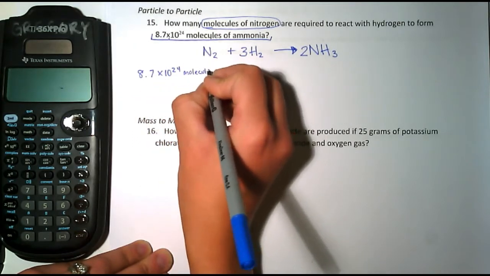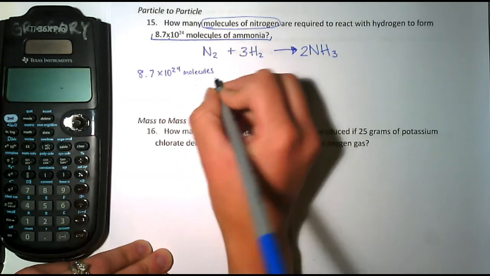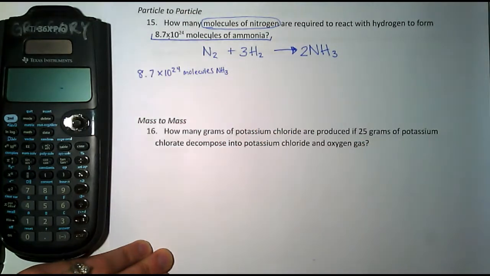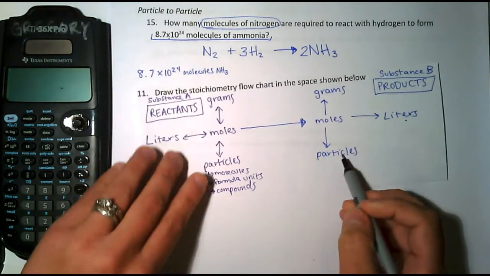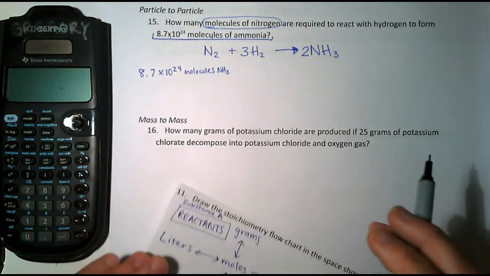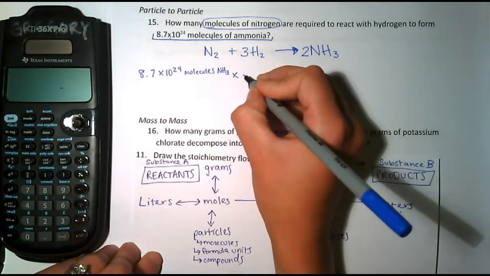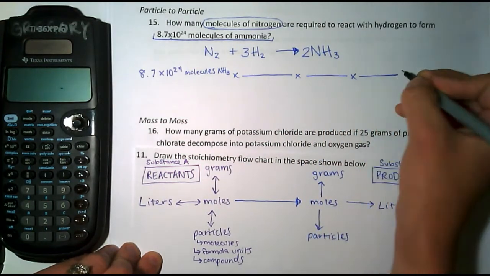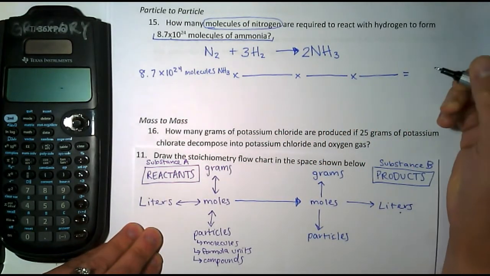There's no abbreviation for molecules of NH3. And then we know, because we're making a particle-to-particle conversion, that we need 1, 2, 3 conversion factors. So I'm going to go ahead and put 1, 2, 3 conversion factors, and then my equal sign.